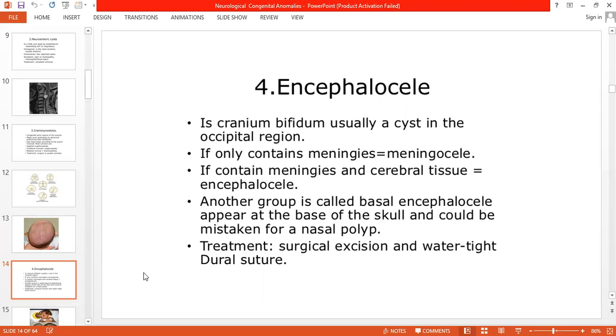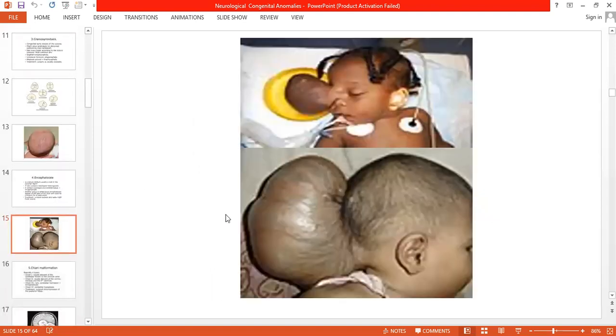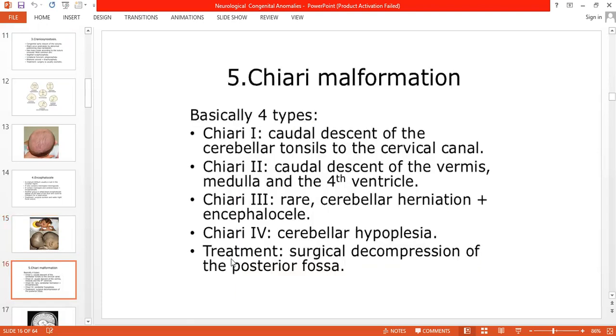People see a swelling within the nasal cavity and take it as a polyp, but sometimes they can be basal encephaloceles protruding down through the skull base into the nasal cavity. Treatment is surgical excision of the encephalocele and watertight dural closure. Here is the occipital encephalocele and this is the frontal encephalocele.